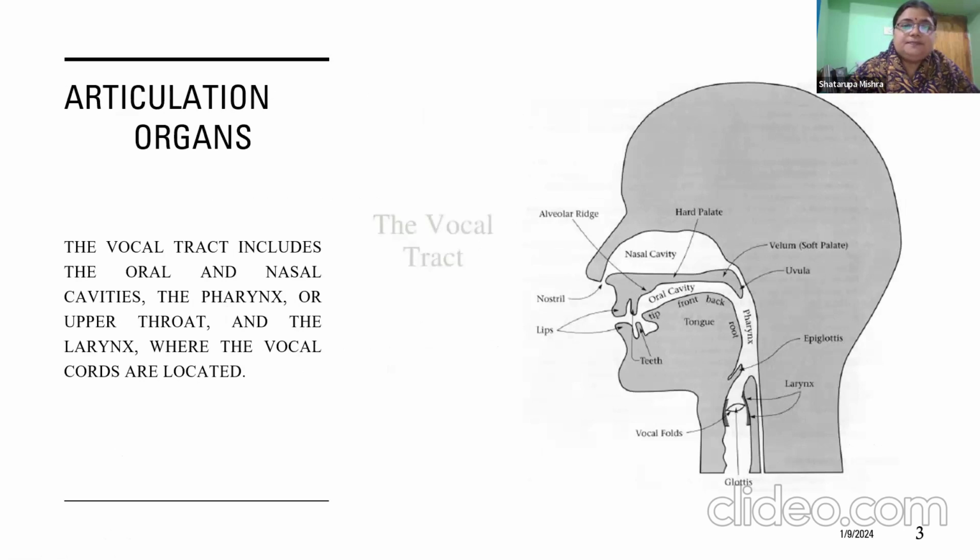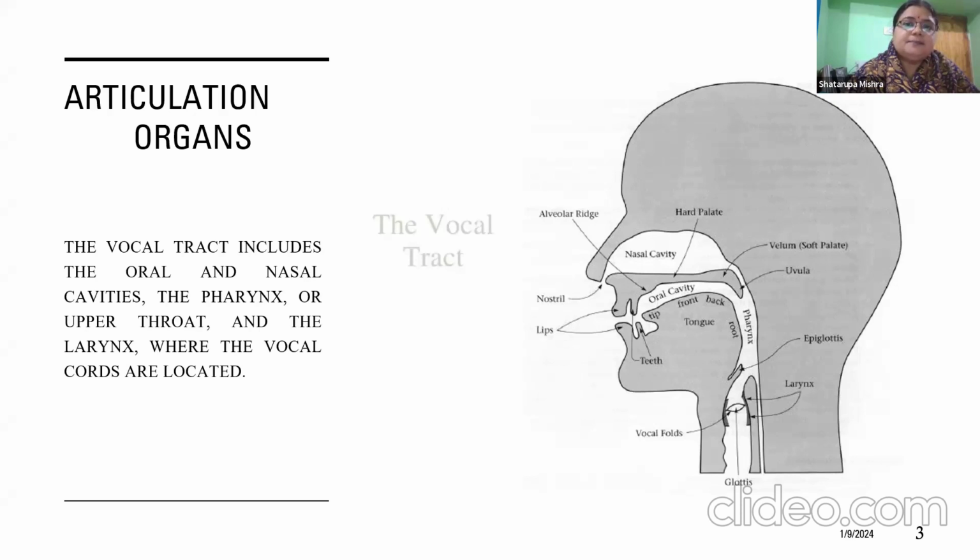Now we come to articulation organs. If we want to understand the system of speech sounds, then we need to understand the speech organs that we have. Those speech organs are also called articulation organs. Now, there is something called the vocal tract, which is important for us. What is the vocal tract?